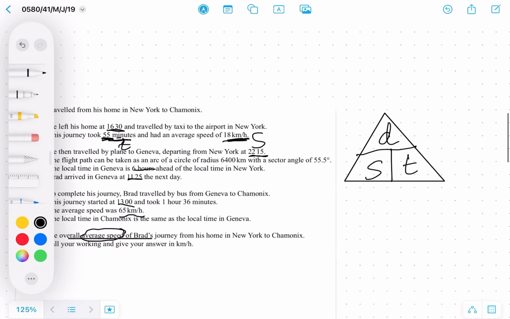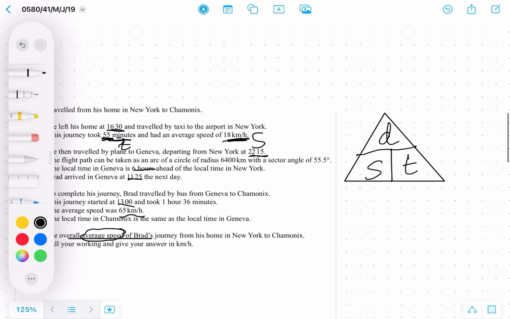So 55 minutes is equal to, all you have to do to convert is 55 divided by 60, that's the number of minutes in an hour. So 55 divided by 60 is equal to 11 over 12 hours. To go to the airport, it took him 11 over 12 hours.